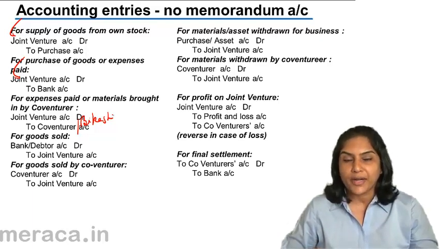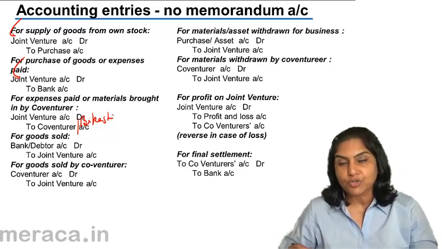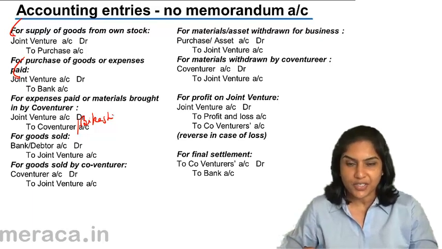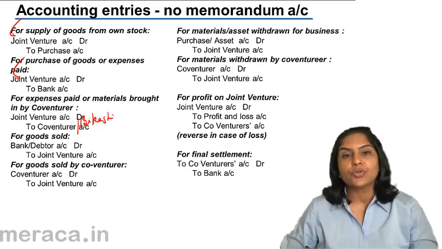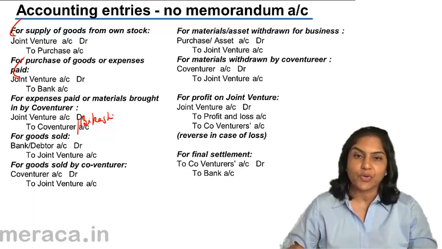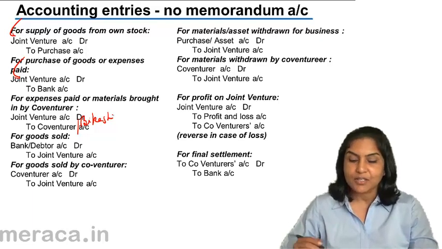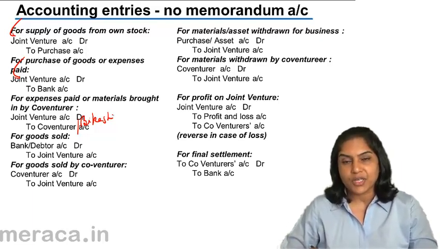Bank account or debtor account is debited. If goods are sold by Bikash, how would Akash record it in his books? Akash would say Bikash's account debit to joint venture. Again, it's an income, therefore joint venture is credited. Since this money is received by Bikash, Bikash's account is debited.